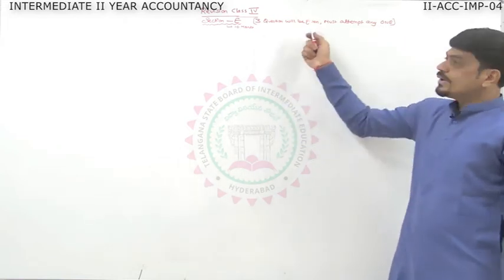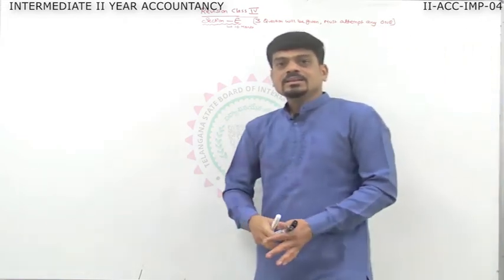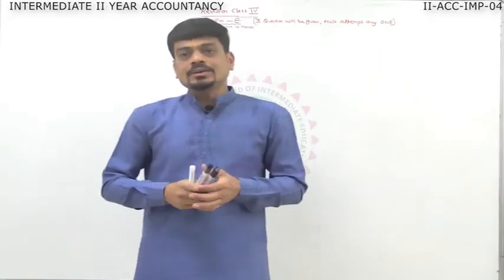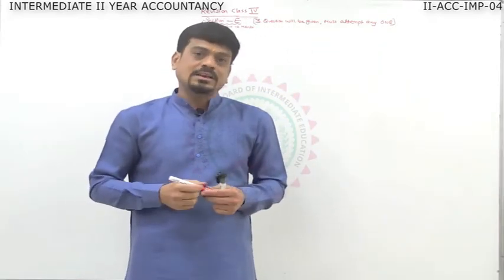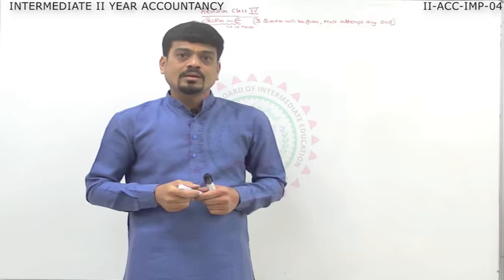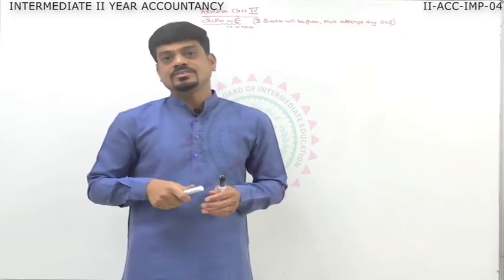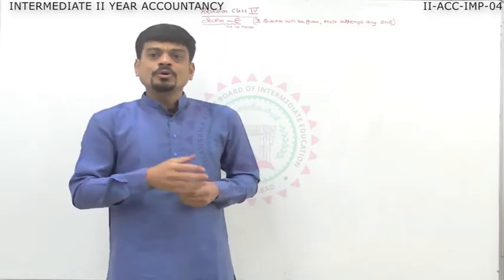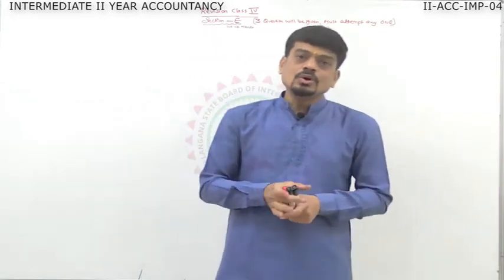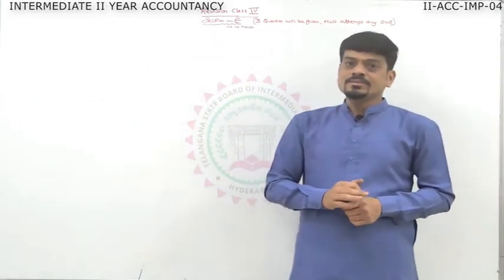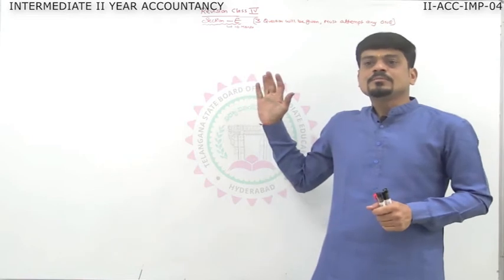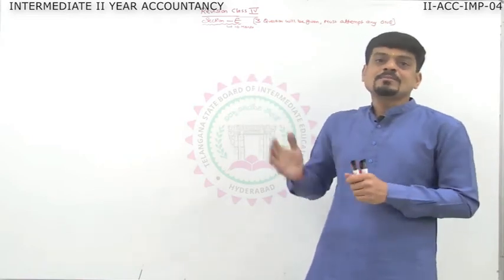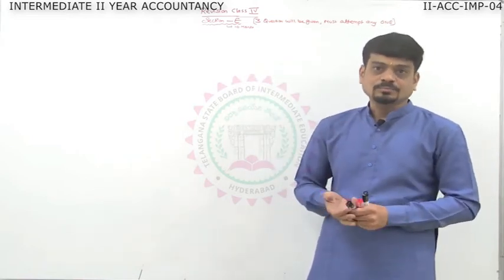Out of the three questions, two important questions are from practical and one is your theoretical question. Of those two, one will be from consignment and one will be from preparation of income and expenditure account.